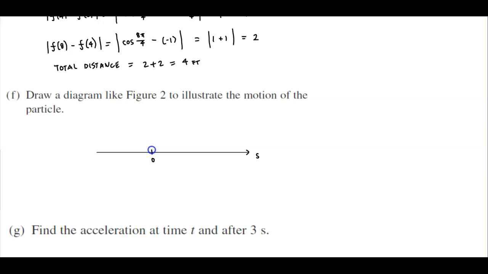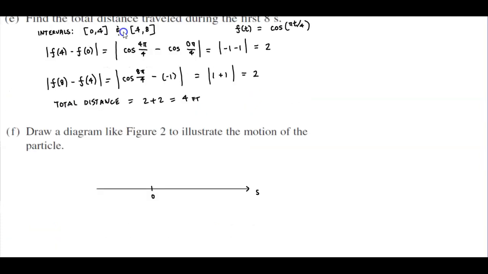So what happens when t is equal to 0? Well, we saw that when t was equal to 0, we got 1. So when we put in f of 0, we got 1. So therefore, at 1 here, when t was equal to 0, we know that s was equal to 1.